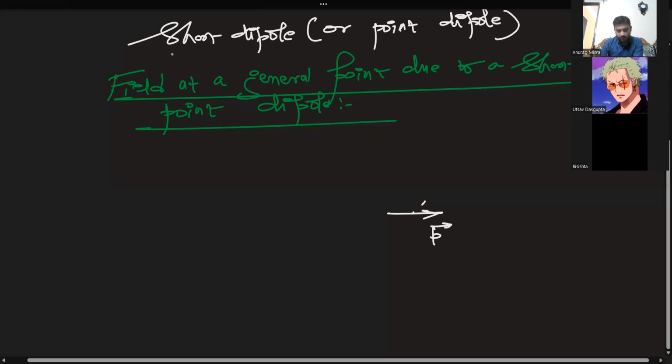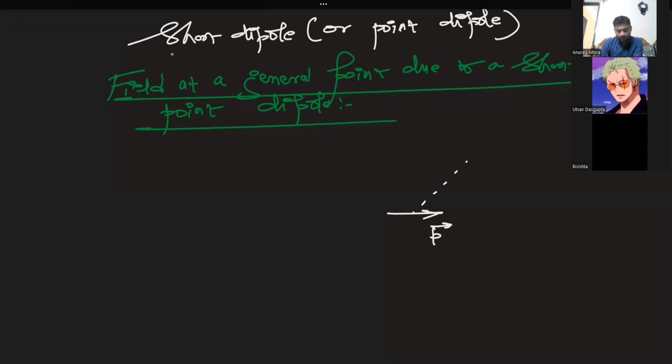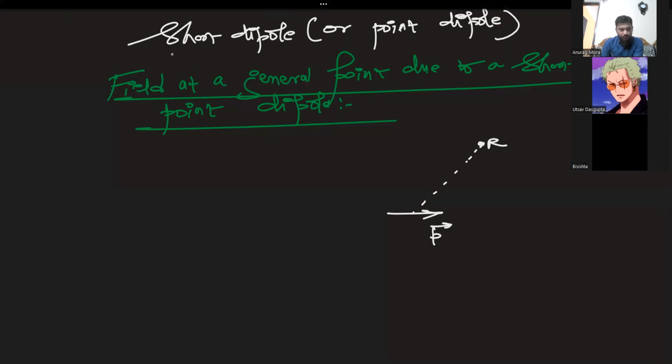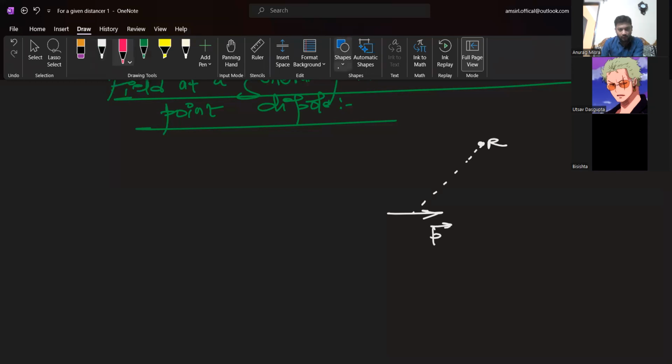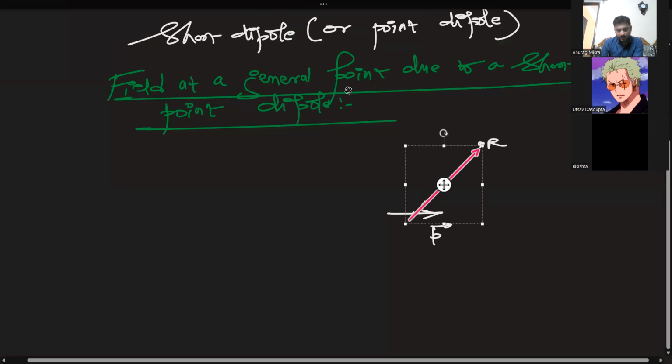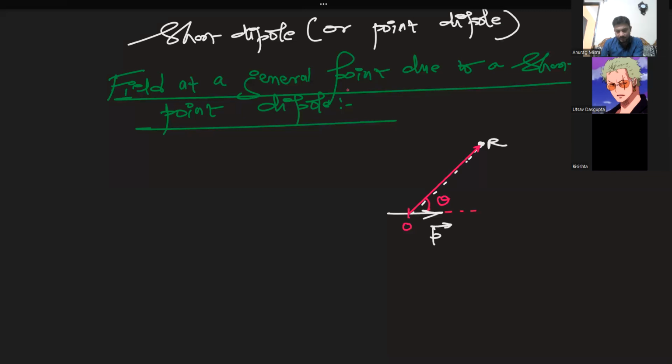And say I want to find out the electric field at a point, say R, which is lying at such a point कि अगर हमने उस point को center of dipole के साथ join किया, तो जो position vector बनेगा, if I join the point R to the center of the short dipole, right, this position vector will make an angle theta with the axis of the dipole.